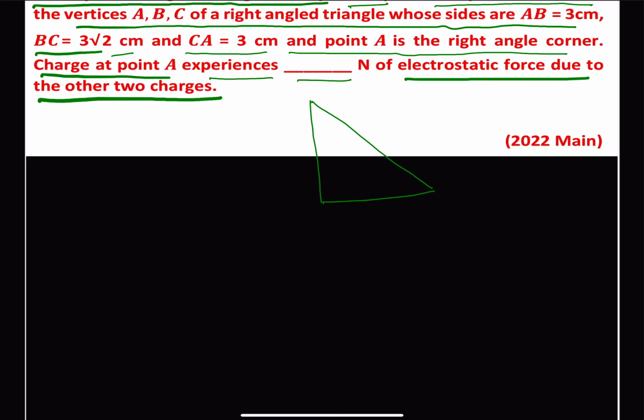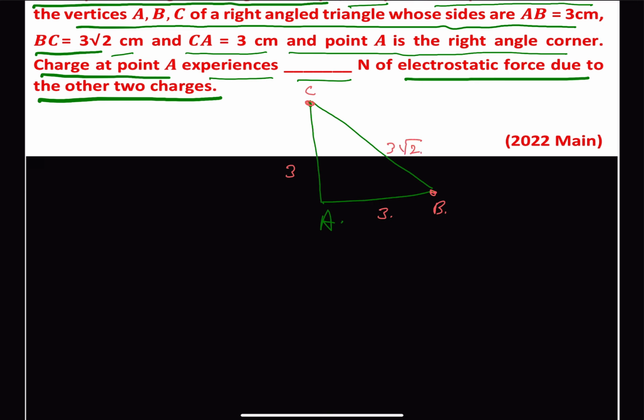90 degree is given at A. So this is our A, and let us suppose this is our C and this is our B. A and B is given as 3 cm. A and C is also given as 3. B and C is given as 3 root 2.